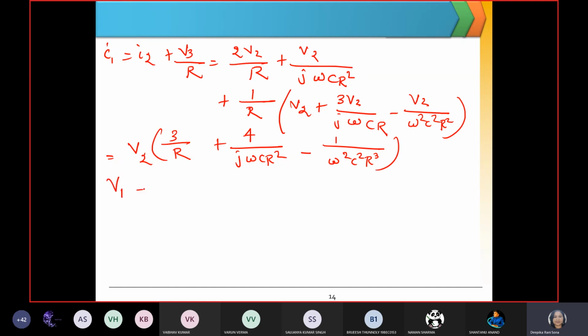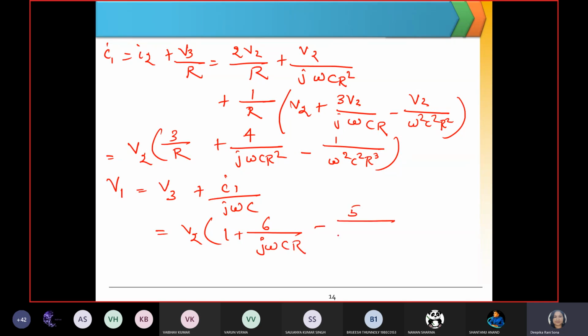After this, the last one, input voltage V1 is nothing but V3 plus I1 divided by j omega C. If you solve this part, we get V2 whole into 1 plus 6 by j omega CR minus 5 by omega square C square R square minus 1 by j omega cube C cube R cube. So here you can see that V1 is V2 with a combination of real part and imaginary part.